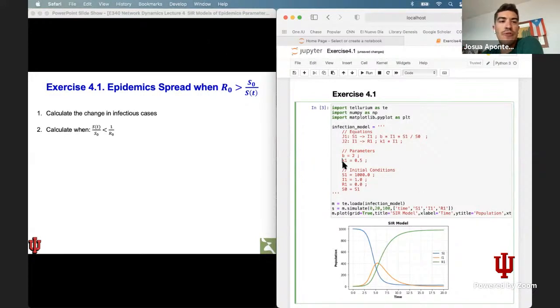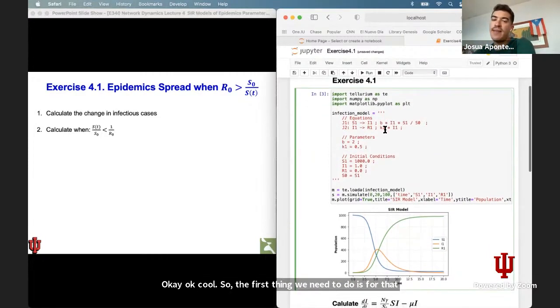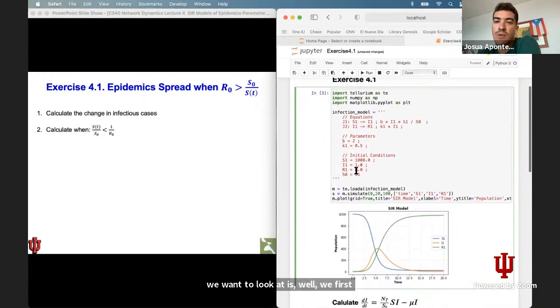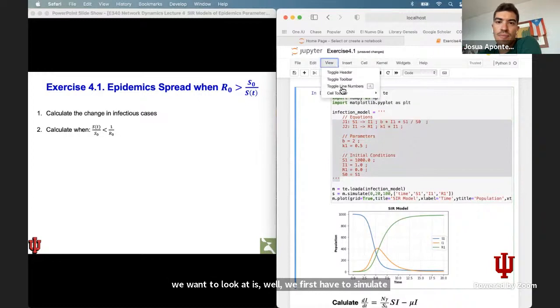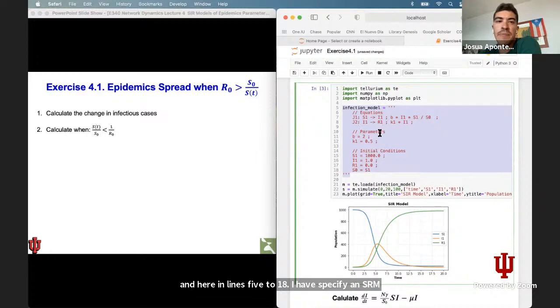So the first thing we want to look at is, we first have to simulate the SIR model. And here in lines 5 to 18, I have specified an SIR model in Tellurium.